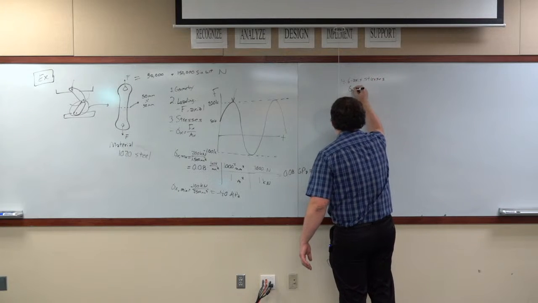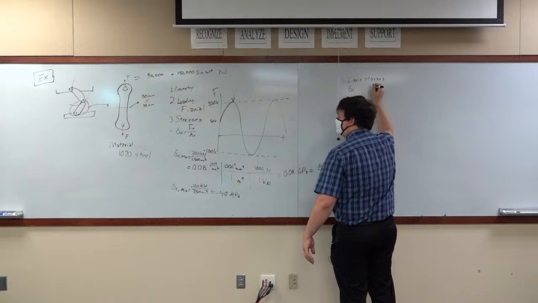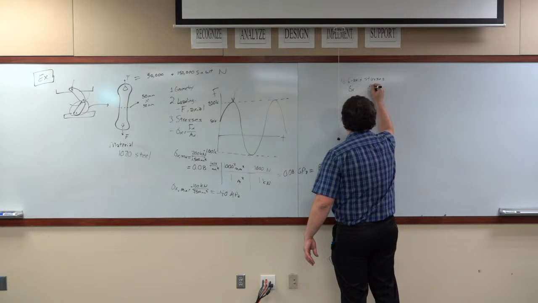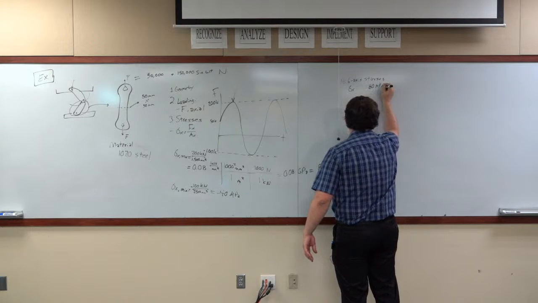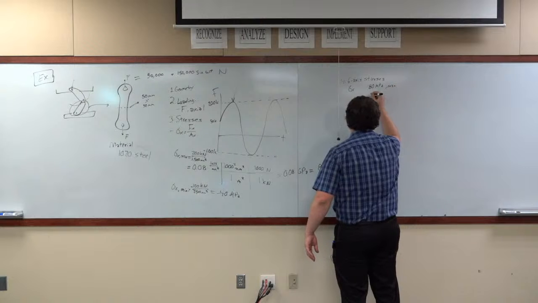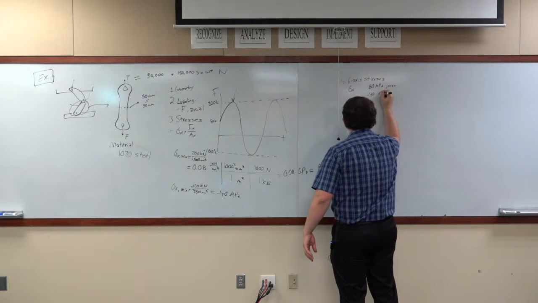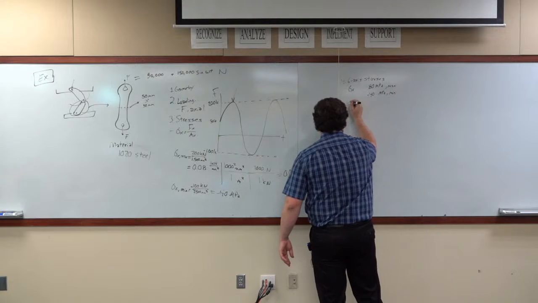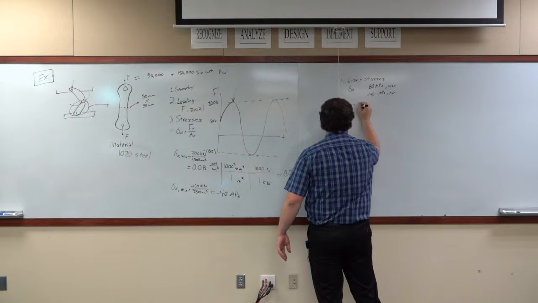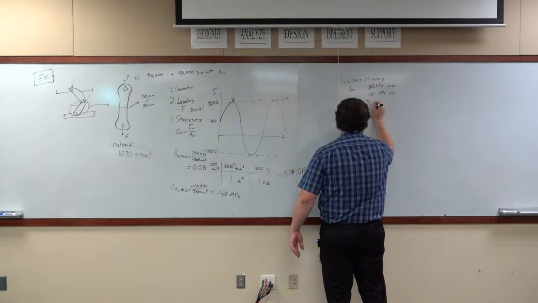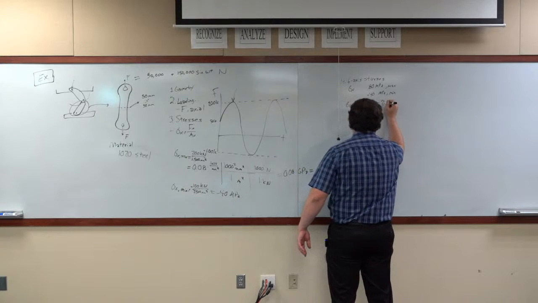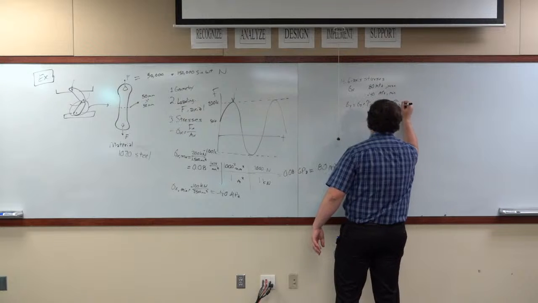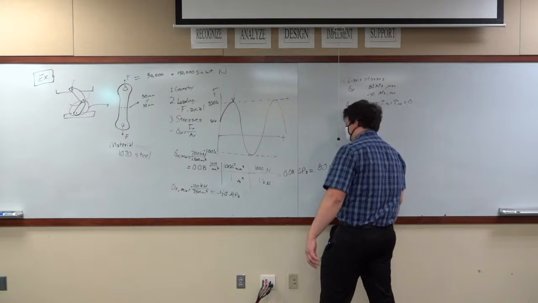Sigma x is 80 megapascals max, negative 40 megapascals min, and every other stress, sigma y equals sigma z equals tau xy equals tau yz equals tau xz equals 0.